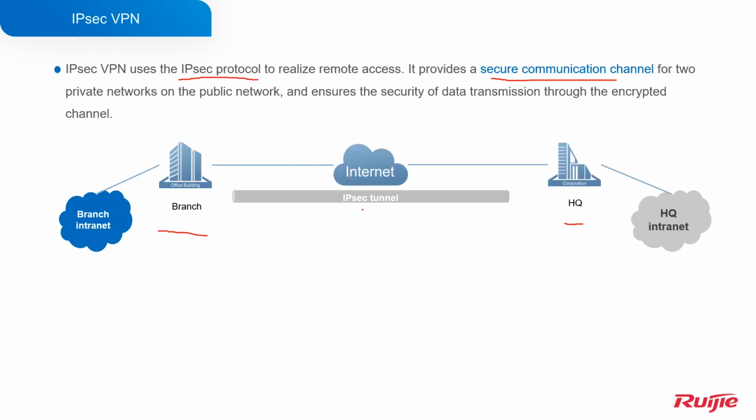Then the user can use the tunnel to forward messages. But the special feature of the IPSec VPN is that we can provide security. We can help the router to encapsulate, or provide the authentication function. So these are the special functions that make us choose the IPSec VPN.